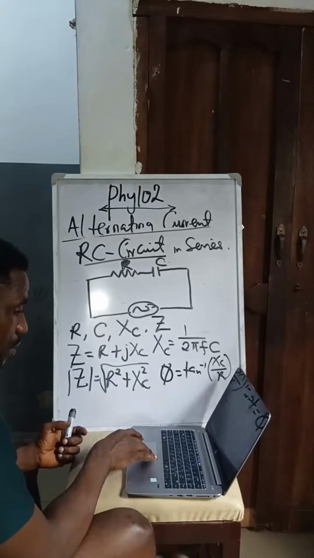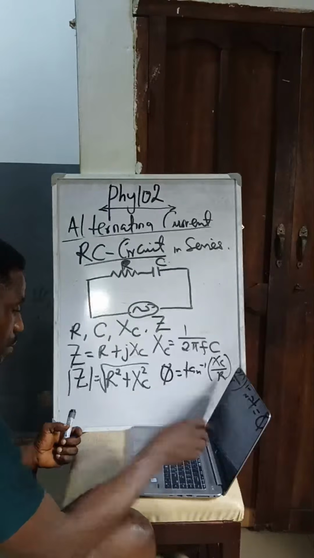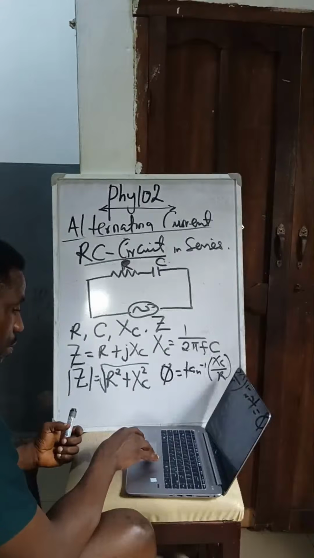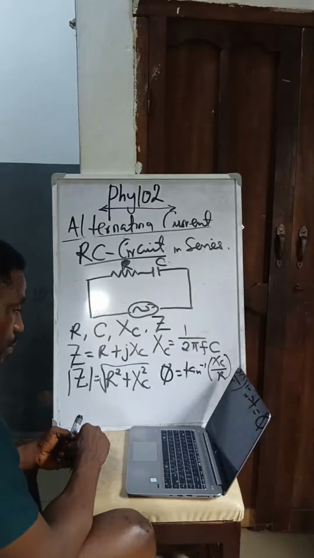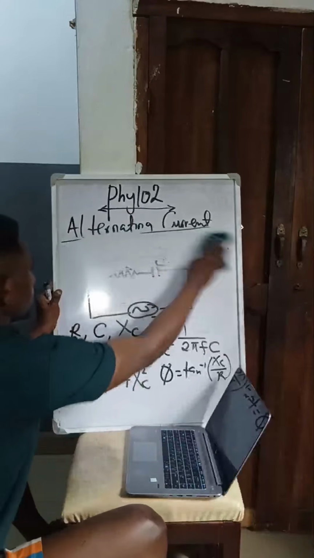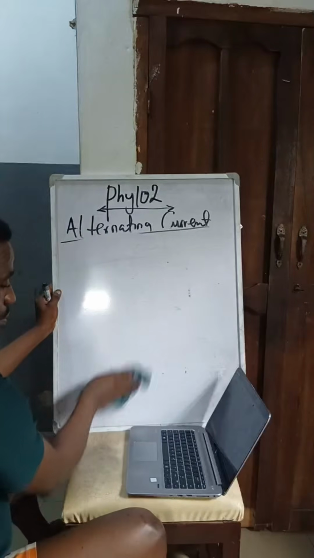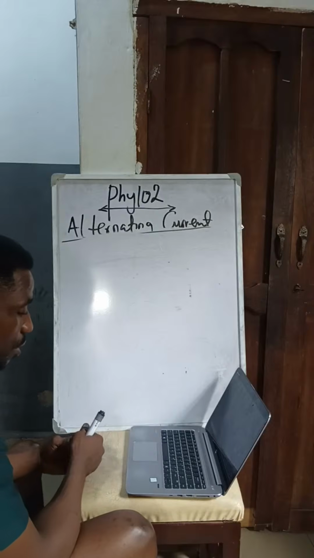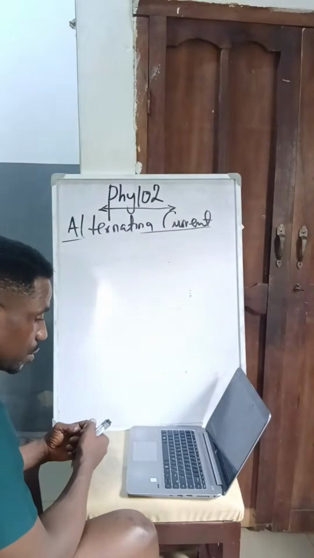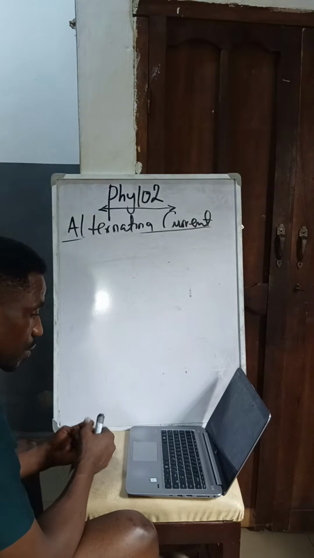That is the formula I use. J stands for imaginary, complex, square root of minus 1.